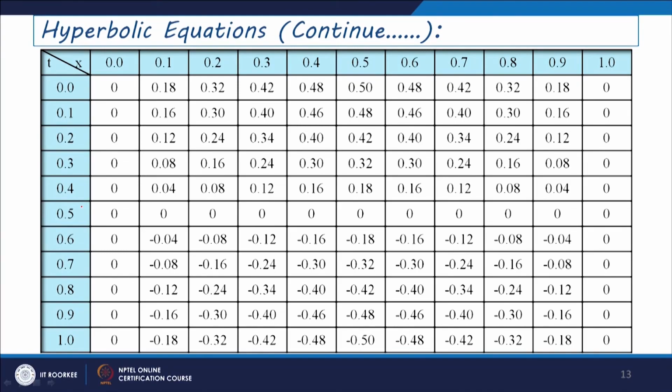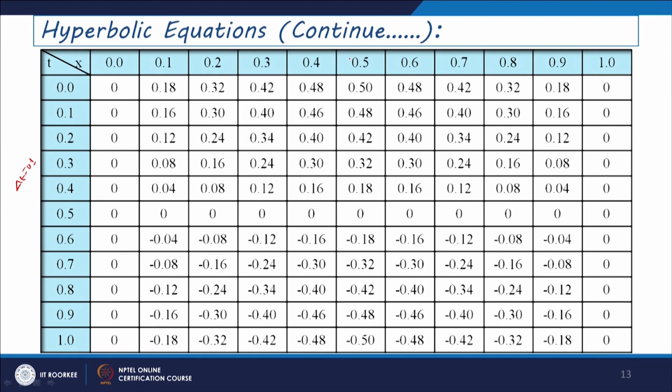And if you go for this computation, the tabulated values can be taken as follows. So, the first step, if you see here, has values at t equals 0, then 0.1, 0.2, 0.3, 0.4, 0.5, 0.6 up to 1 here, since the increment is taken as del t equals 0.1.